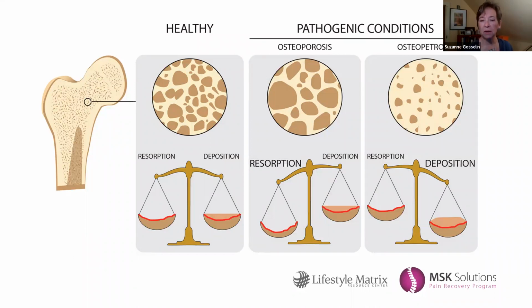So we're left with a net loss of bone. And in some pathological conditions, there's actually too much deposition, which leads to very hard, brittle bone. But in tonight's talk, we're talking about osteoporosis, where there's accelerated bone loss.